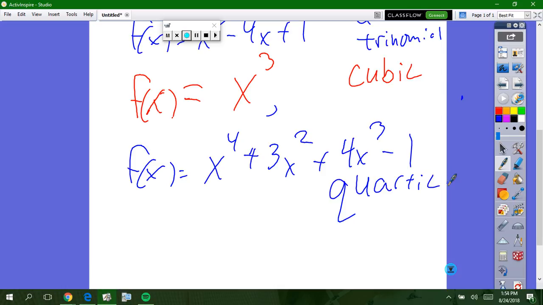So right now it went highest, and then we missed the next highest. See how the cubic should be next, and it's not. Can we put it in standard form though? Because once again, addition is commutative, we can do so, right? So therefore we go x to the 4th plus 4x cubed plus 3x squared minus. Right? Good?